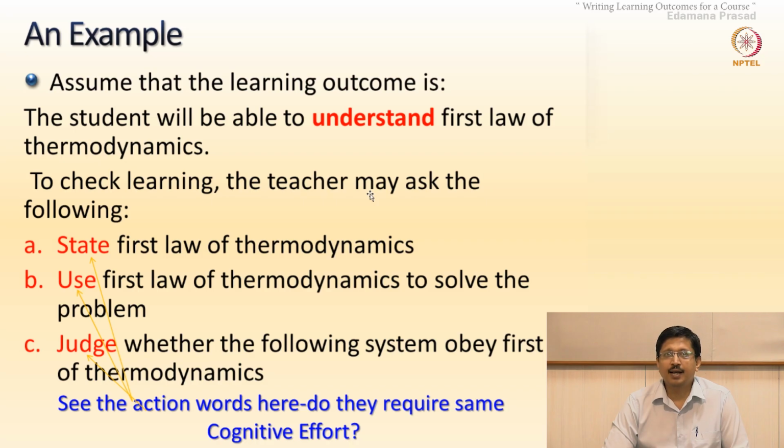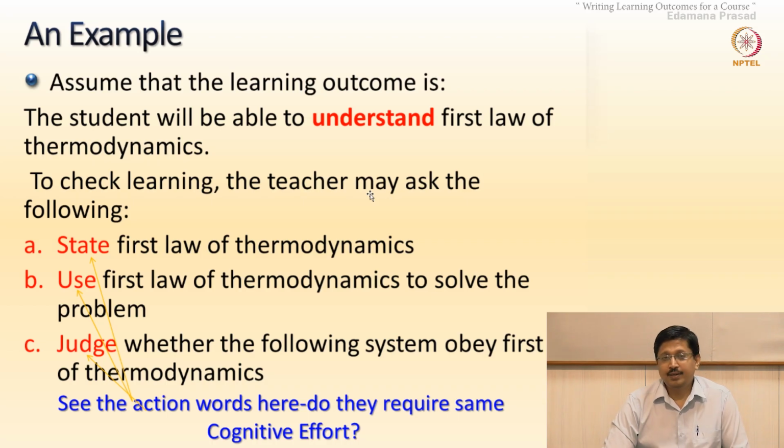And if the student answers that question, the teacher says, okay, she understands first law of thermodynamics. The question can be like, use first law of thermodynamics and solve a problem. In that case, suppose she uses first law and then finds the answer, then the teacher says, yeah, she really understands first law of thermodynamics.